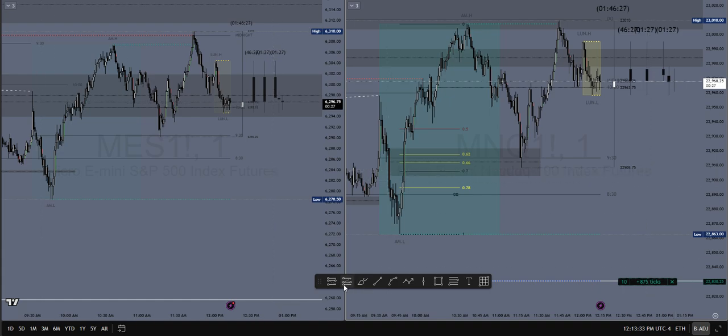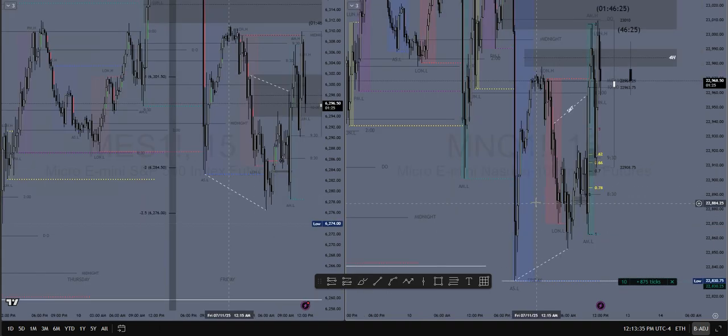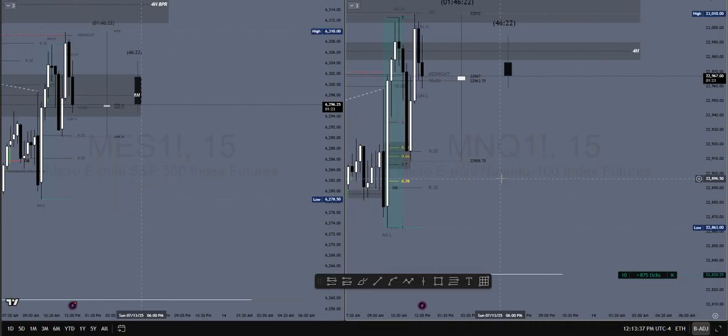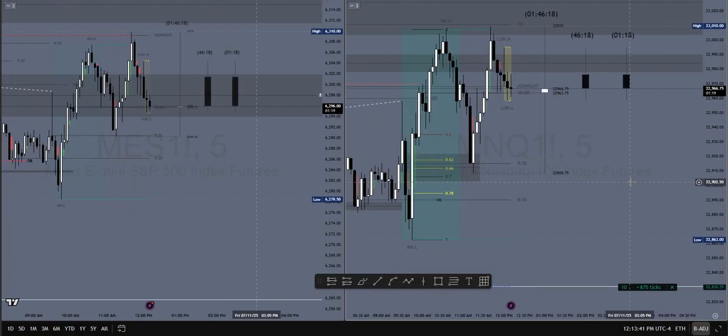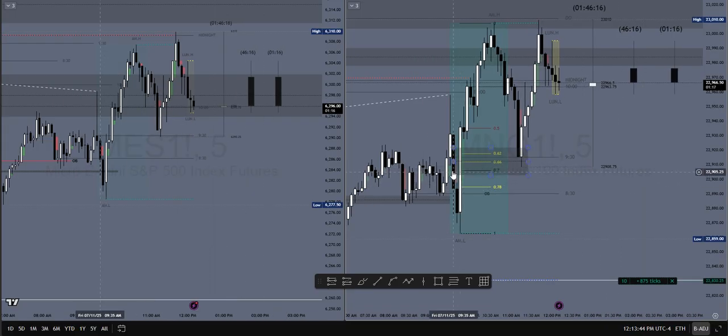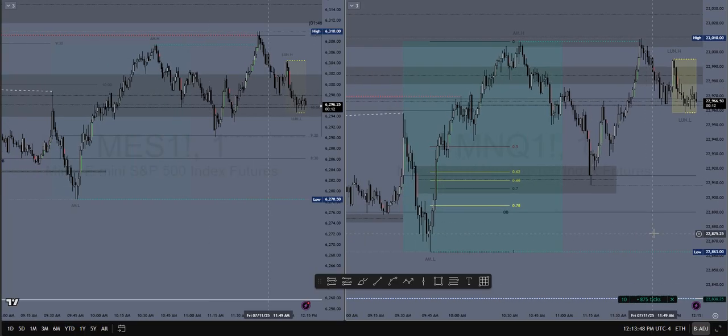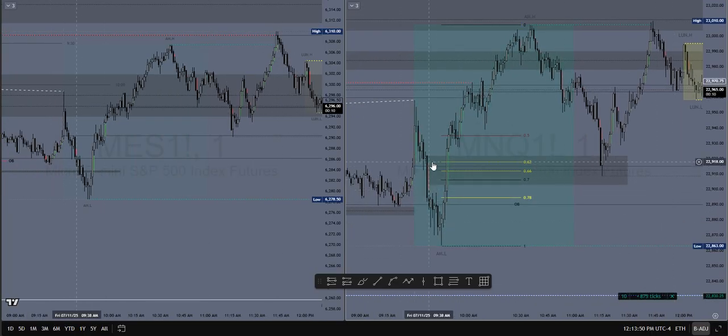So right here, as you guys can see, we had this huge leg up. This is where I would set my OTE placement on a 5-minute time frame. Yes, we still have multiple BPRs in this area, but it's the same thing on the 1-minute time frame as well. We have this BPR, or this huge range right in this area that needs to get filled into.